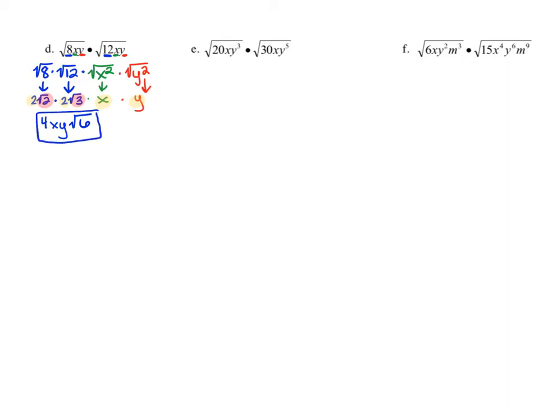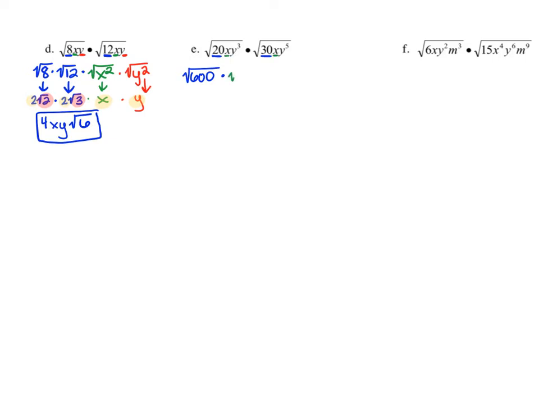Okay, so this next one, instead of simplifying the square root of 20 and the square root of 30 in the first step, I'm just going to multiply those two things together. So root 20 times root 30, that's going to give me the square root of 600. And then we have the root x and the root x.